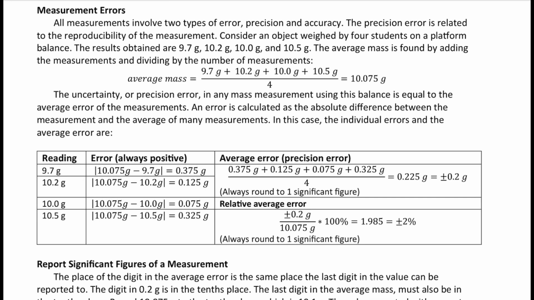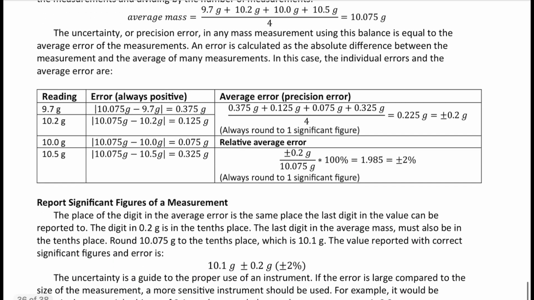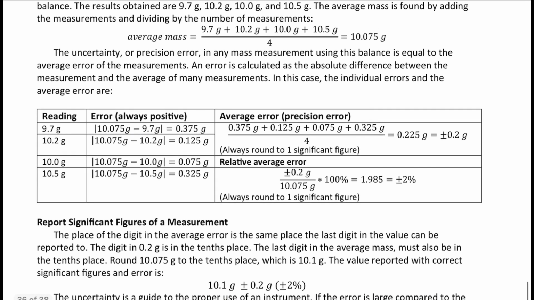And so the first data that you want to have is the mean or average value of the mass of your object. And the way that we get that is we just add together your trials. So it's the sum of your trials divided by how many trials you made. So we measured the object 4 times. We had 4 different values.